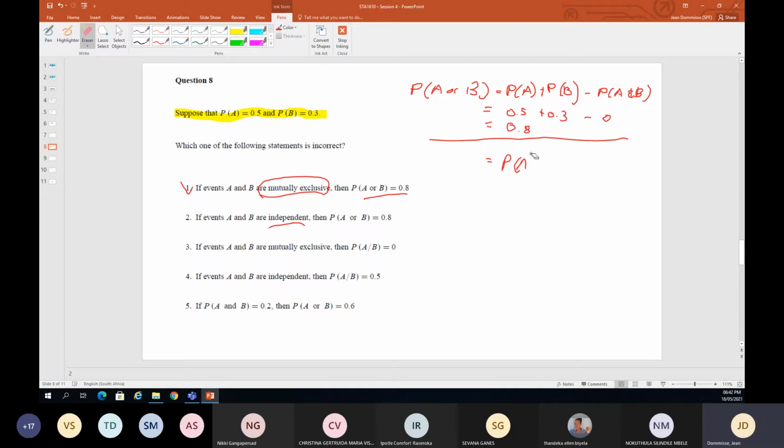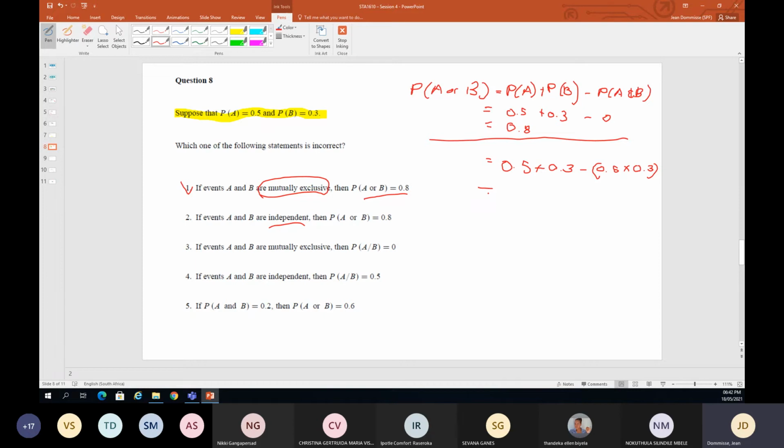So let me say it will be exactly the same formula, but we will have different numbers. So it will be 0.5 plus 0.3, and then we need to subtract the 0.5 times 0.3. So when something is independent, we know that to get to the and, we need to multiply the two probabilities.